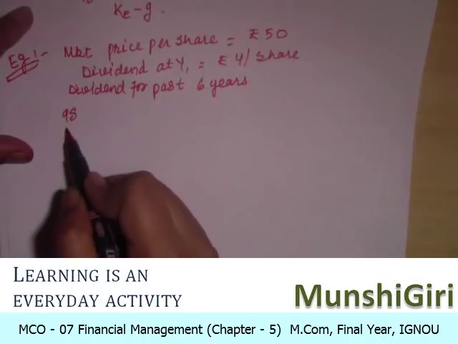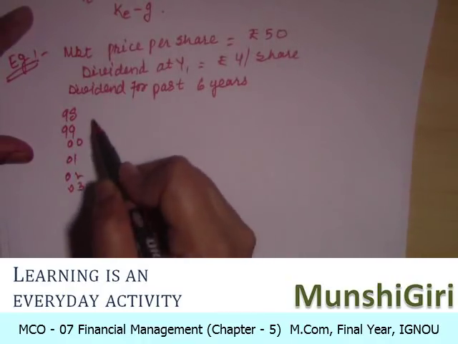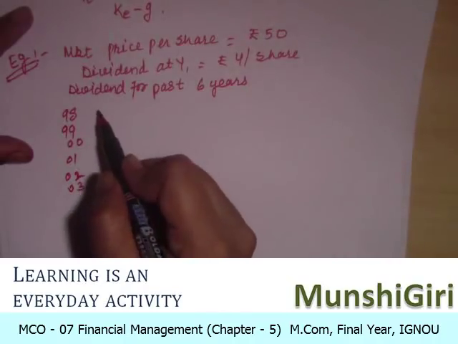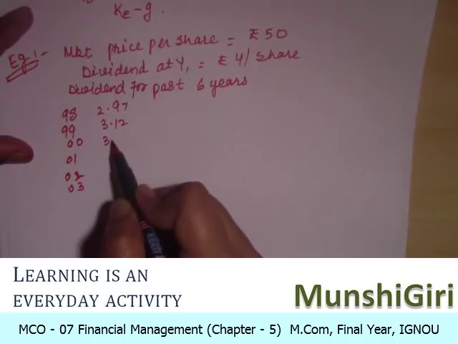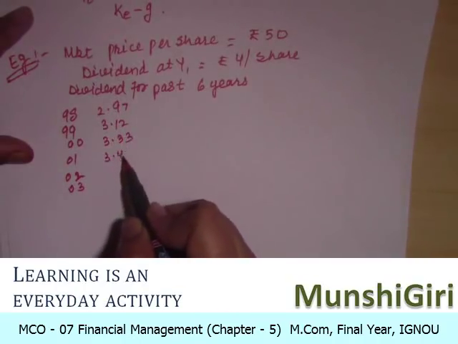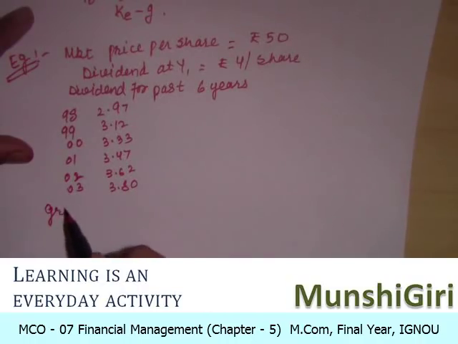For 1998, 99, 2001, 2 and 3: 1998 dividend of 2.97 was given, then 3.12, 3.33, 3.47, 3.62 and 3.80. Now growth rate mentioned is 5% and you have to find KE.